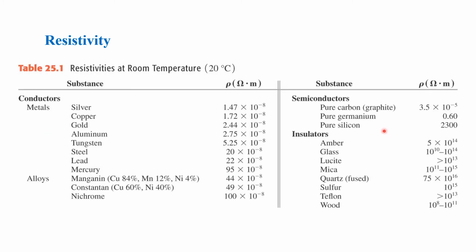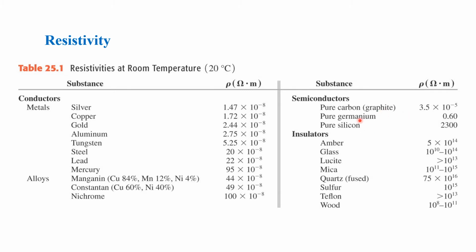These are some of the resistivities of different materials at room temperature, at 20 degrees. And as you can see, conductors have the smallest resistivity. Silver has the smallest one, and then for your alloys, which are combinations of metals, you still have a small resistivity of the order of 10 to the negative 8.